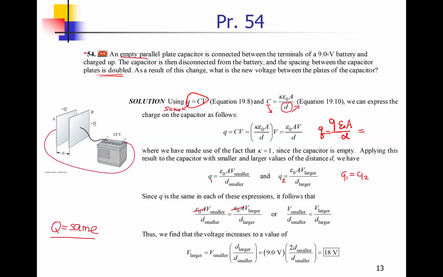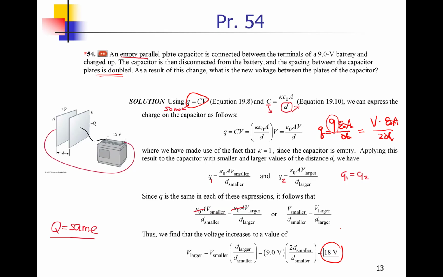You are going to double the distance, so you have V times epsilon 0 A, and instead of D, we have 2D. The D gets crossed out, epsilon 0 A gets crossed out. So you have V over 2 equals 9 here. So that's why you have 18.